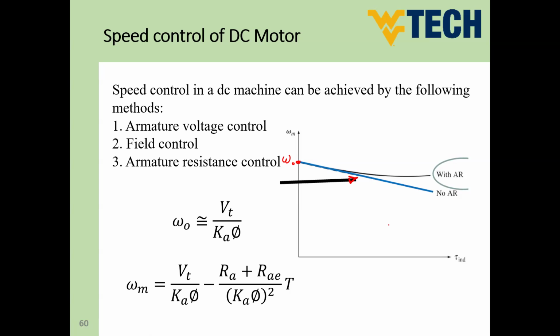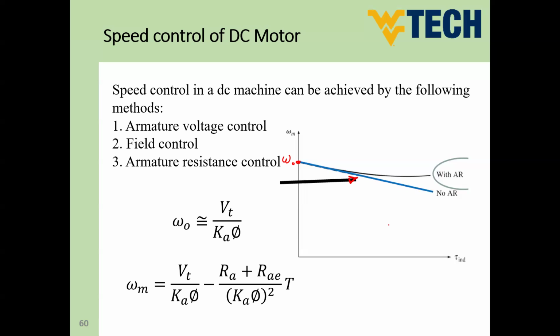Constant torque load means the load for which, whatever the motor speed, the torque is going to be constant. Okay. There are some other torque loads where the torque varies linearly with the speed. We have some other loads where the torque varies with the square of the speed.